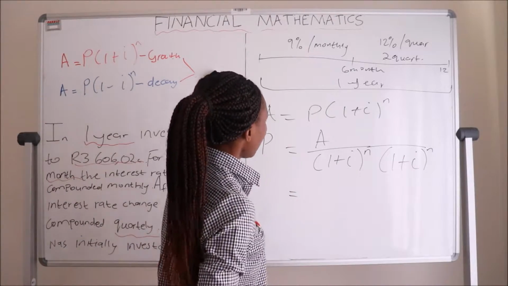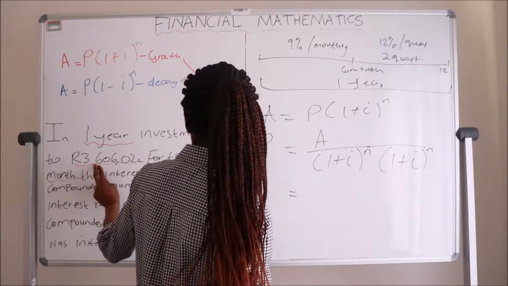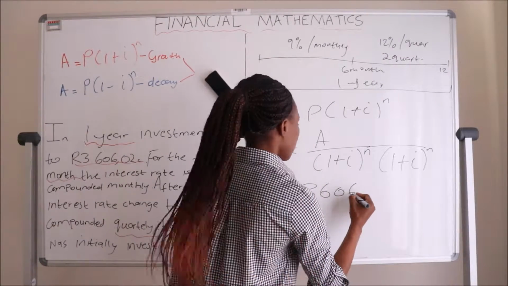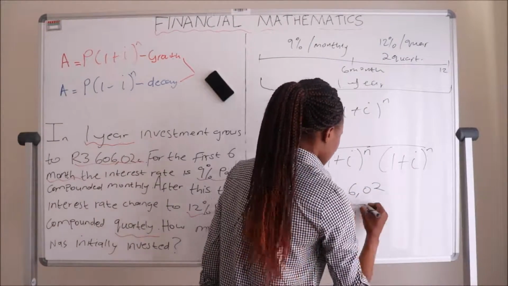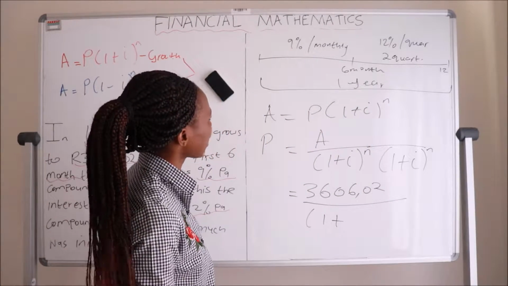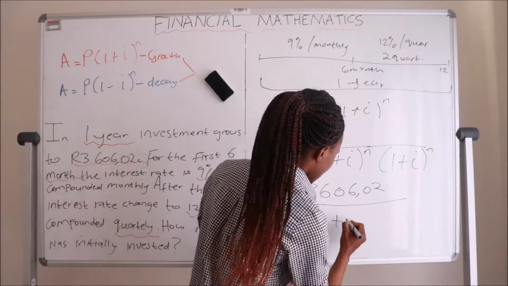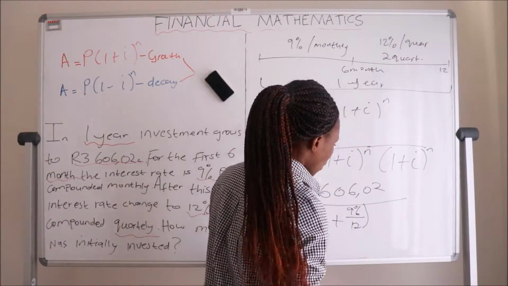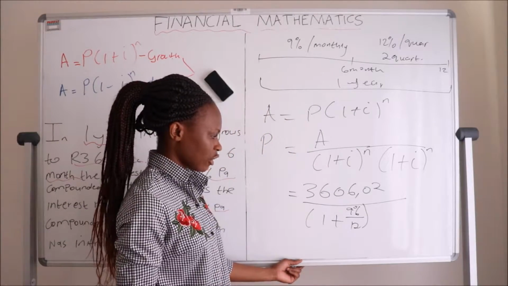Then here we have A, which is our final amount, 3,606.02, divided by 1 plus our interest rate for the first period. It was 9% compounded monthly, so this is 9% divided by 12. Remember, if it's compounded monthly, then it's divided by 12.